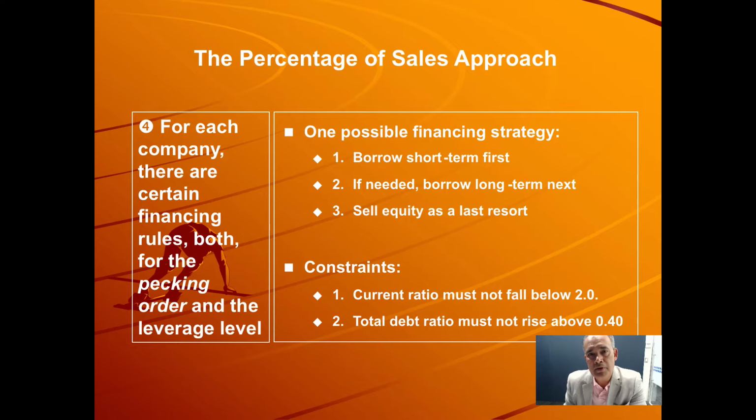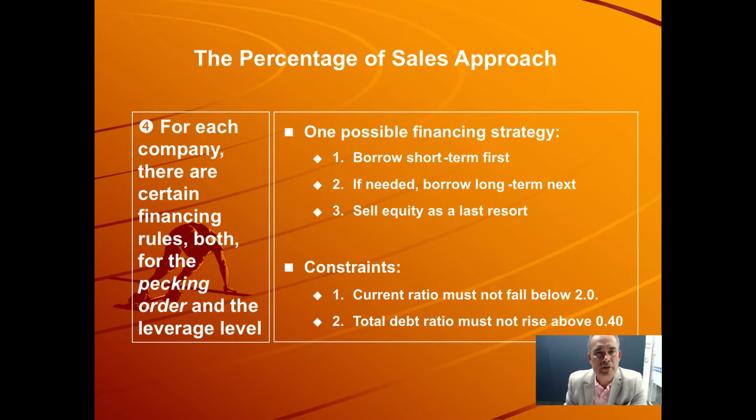The pecking order theory says that you should gather money first with the cheapest source of funds, then with the second cheapest, and finally with the most expensive source of funds. The cheapest source is short-term debt, followed by long-term debt, and finally the issue of equity as the most expensive source of funds.